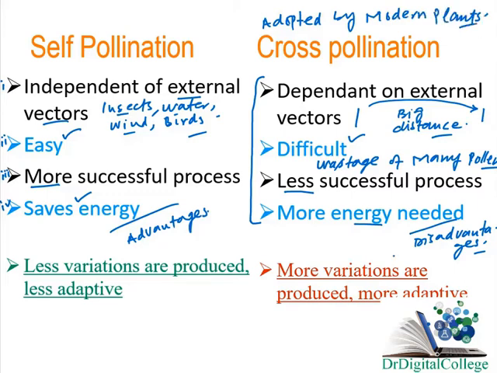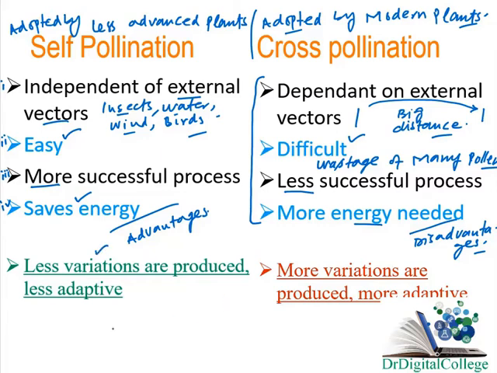Although it has a lot of disadvantages, it is adopted by most of the modern plants, and self pollination is adopted by less advanced plants, less modern plants. Why is it so? Actually, in self-pollination, fewer variations are produced.